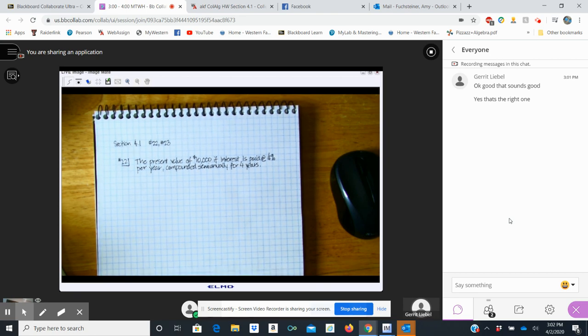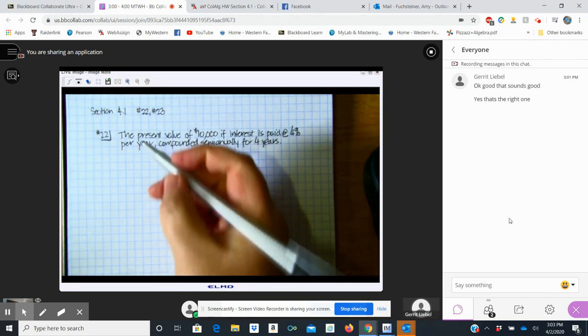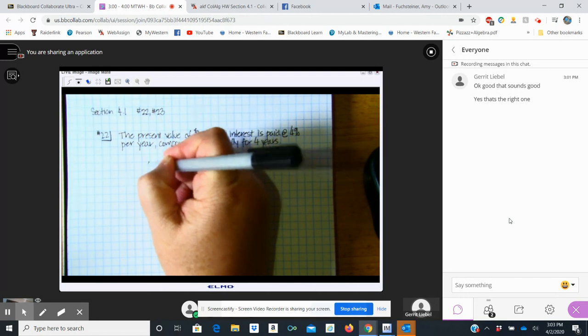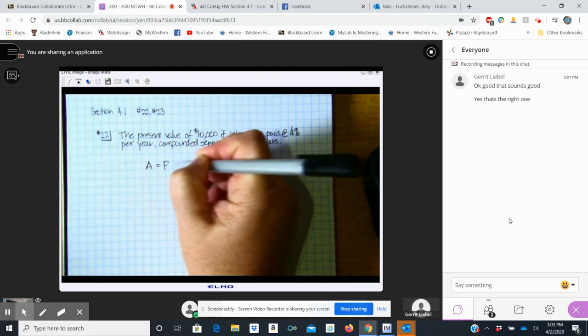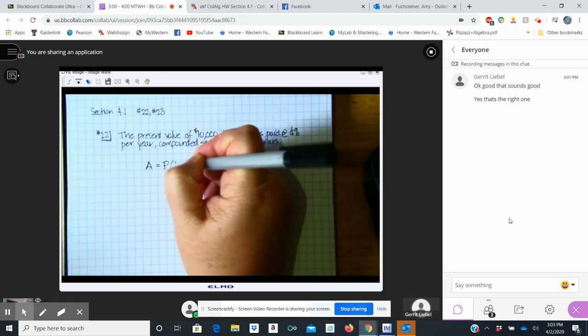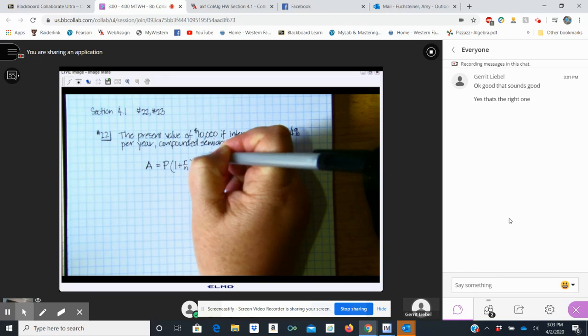All right, this will use your compounded interest formula. So the compounded interest formula from 4.1 is the total amount is equal to the principal times 1 plus r over n to the nt.